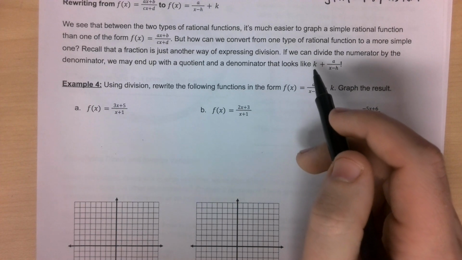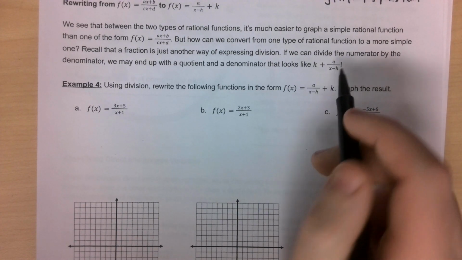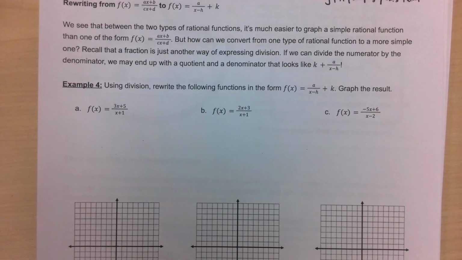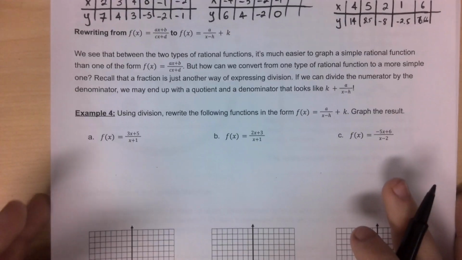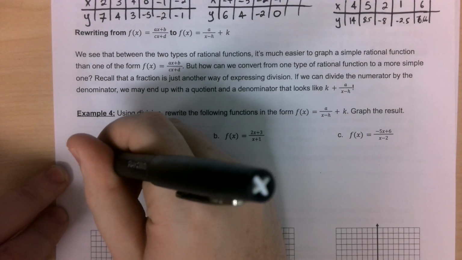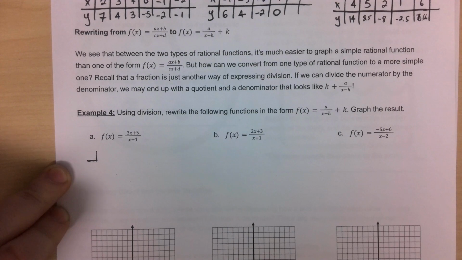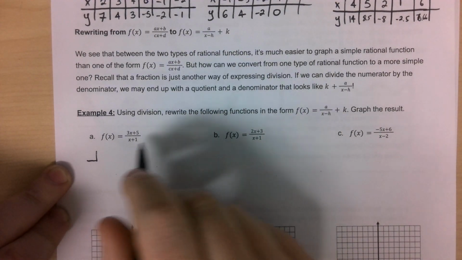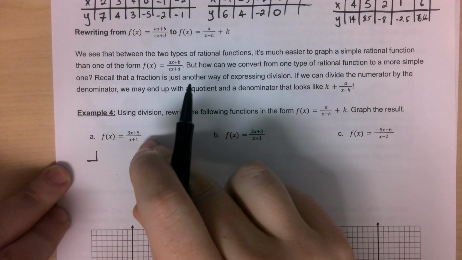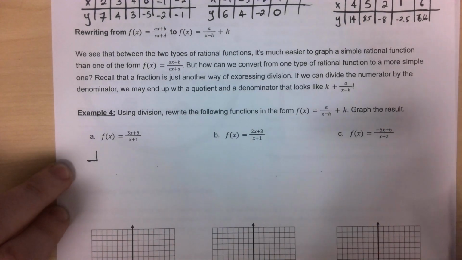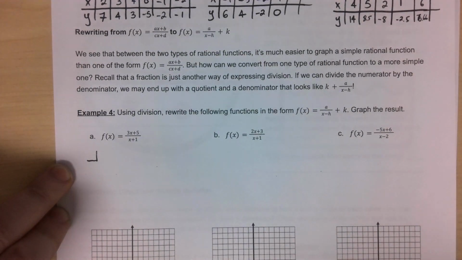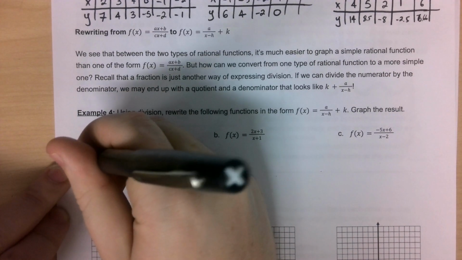K stands for our polynomial, and a over x minus h is our remainder. So let's take a look. If we want to set this up, we can use synthetic division because we're dividing by x plus 1. If it's x plus something or x minus something, we can do synthetic. If not, you might have to use long division.